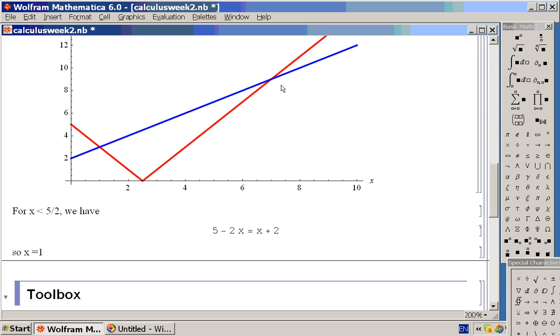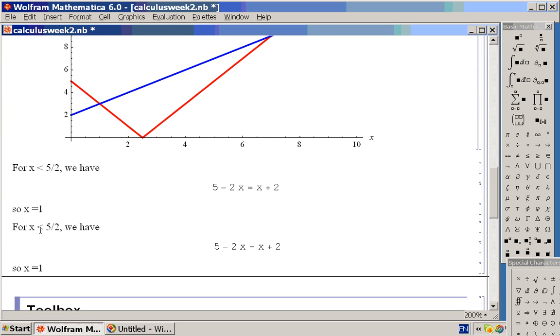And we see that the other root occurs here over near x equals 7, so we suspect that, well, that's certainly greater than 5 over 2. So we'll copy all that down here.